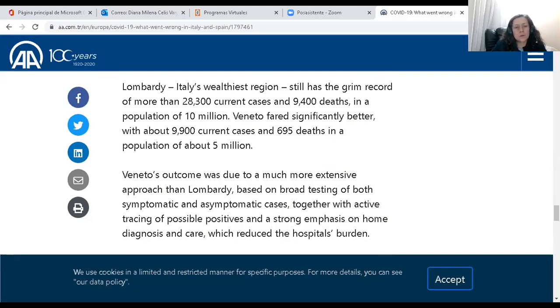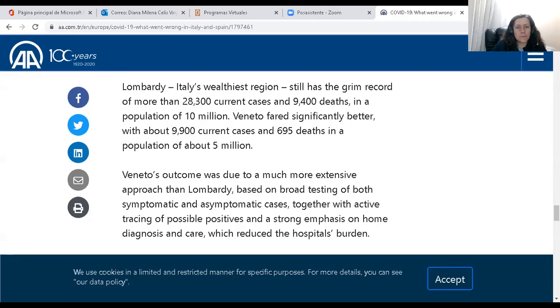Lombardy, Italy's wealthiest region, still has the grim record of more than 28,300 current cases and 9,400 deaths in a population of 10 million.